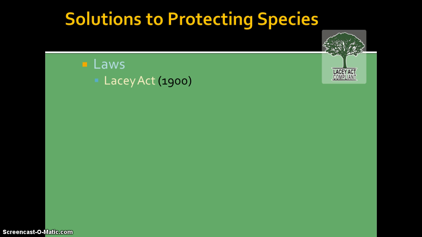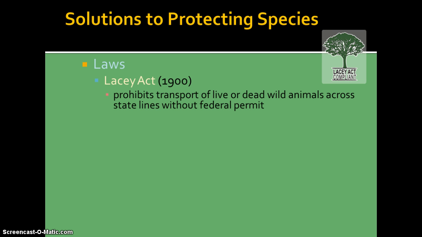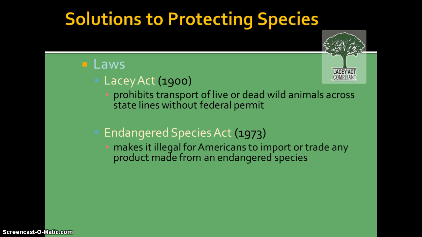Some laws that we have passed: the Lacey Act, which prohibits the transport of live or dead animals across state lines. You have to have a federal permit. The Endangered Species Act makes it illegal to import or trade any product made from an endangered species, so you couldn't import, like, a purse made of tiger fur, for example.